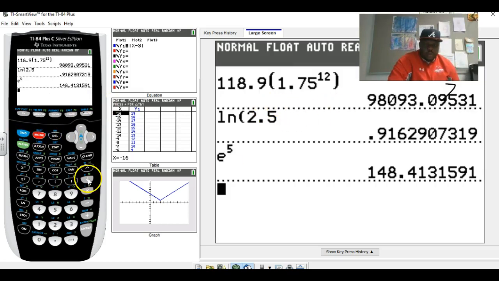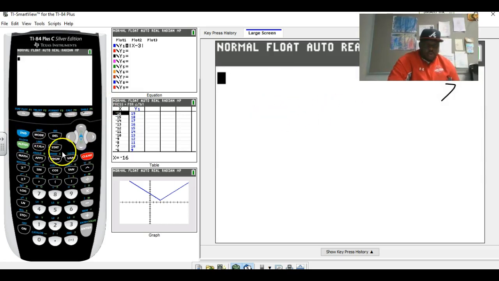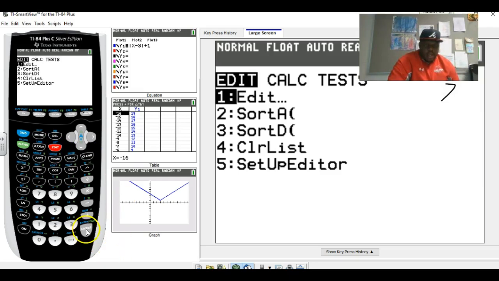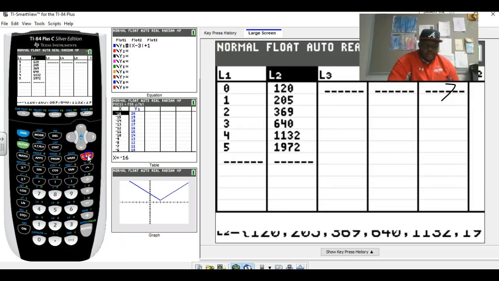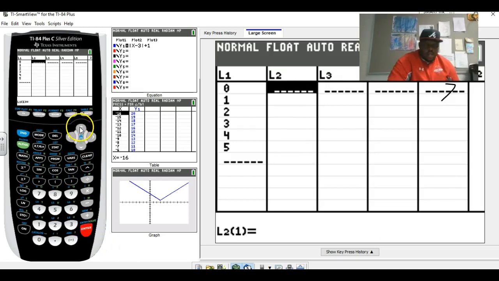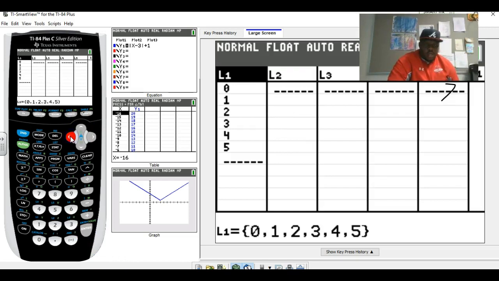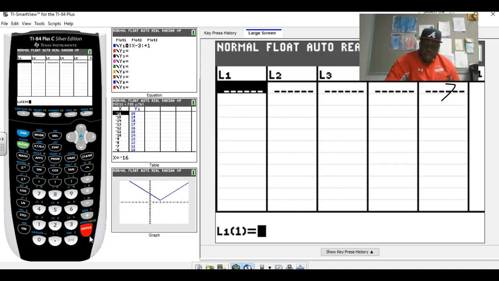I want to go to the main screen. Now, I'm going to press Stat and then Edit, and I'm going to put those items into these lists like so. All right. So we have 3, 5, 7, 9, and 11 for list 1.